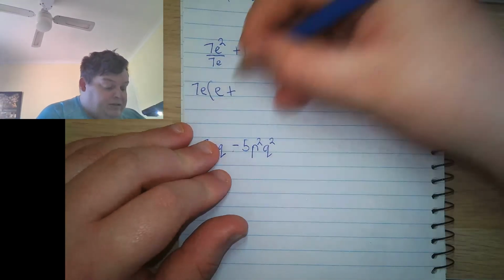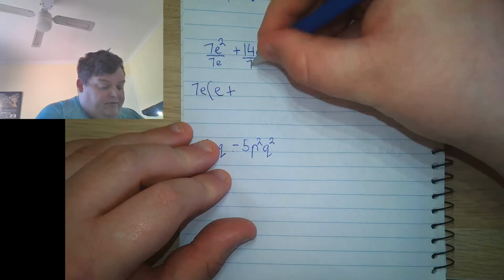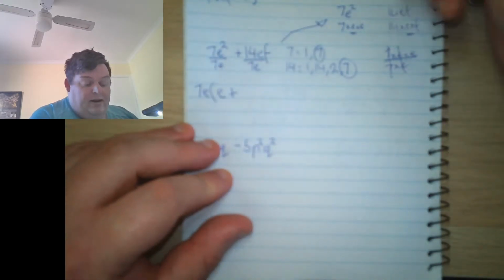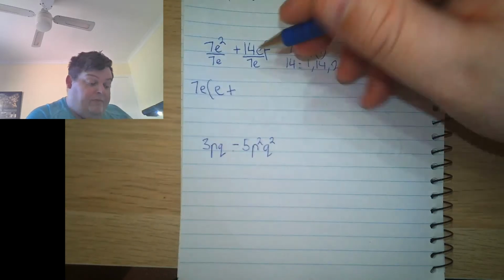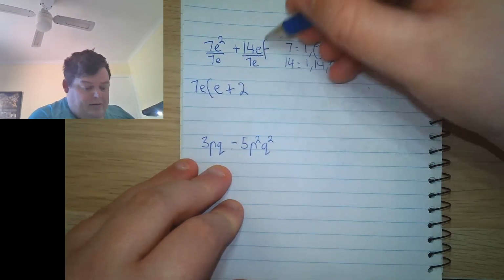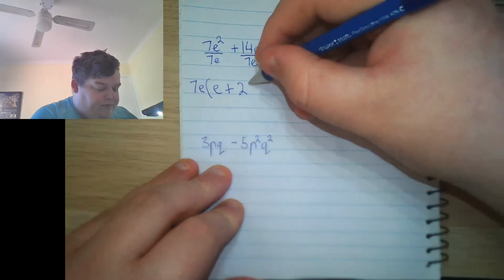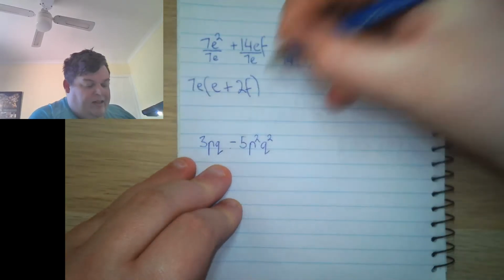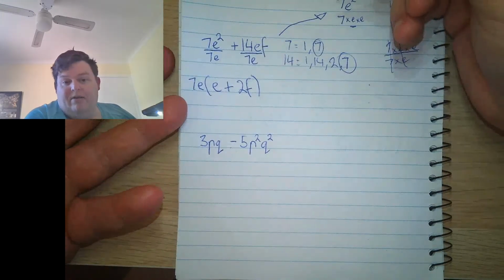Plus whatever 14ef divided by 7e is. Well, again, 14 divided by 7 gives you 2. The e's will cancel each other out, and you get left with an f. So that's how you simplify one of those more complicated ones.